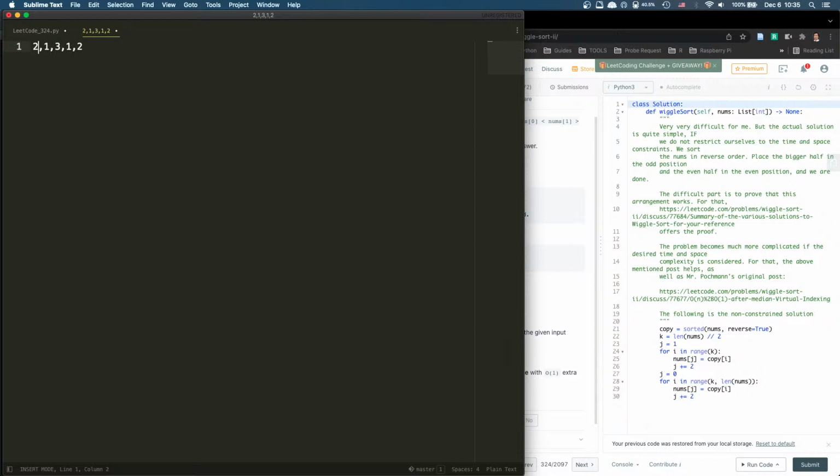So we use the dot to represent the missing value, right? And then now we're going to do the even position part, would be 3, right? So this is dot 3 dot 3 and dot 2, right?